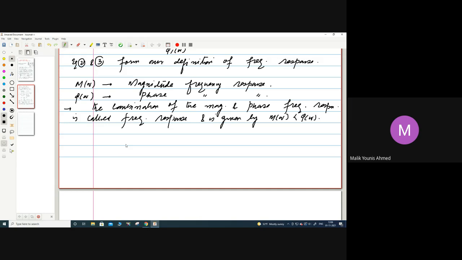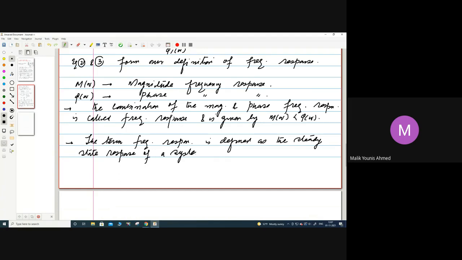The term frequency response is defined as the steady state response of a system to a sinusoidal input.